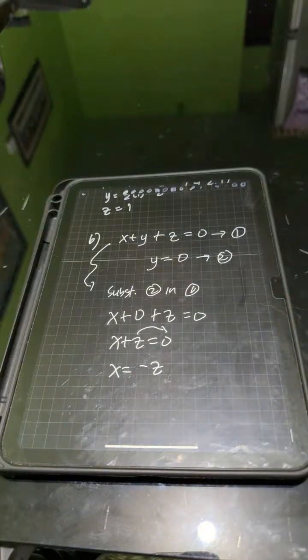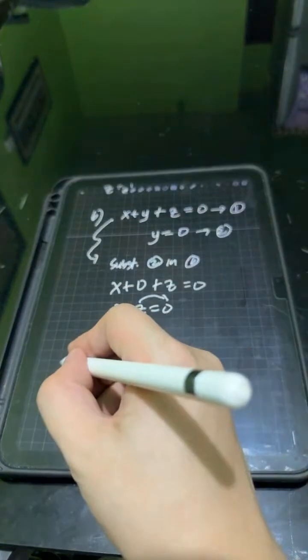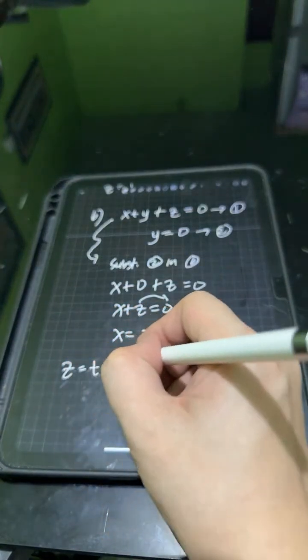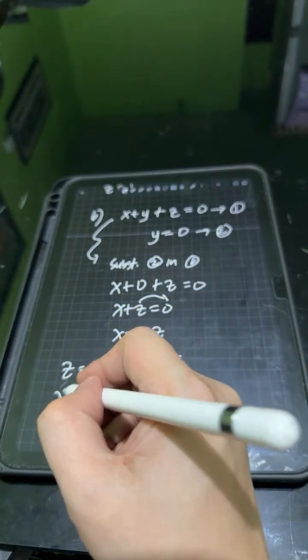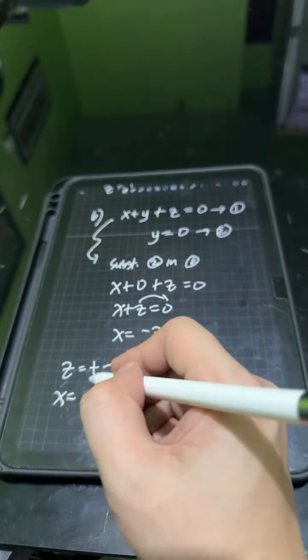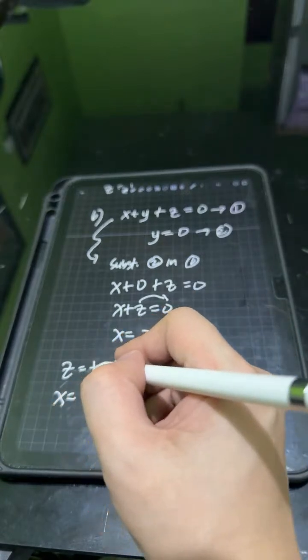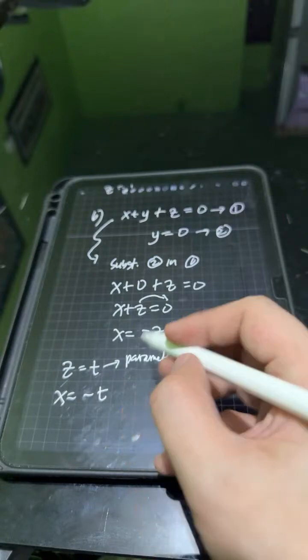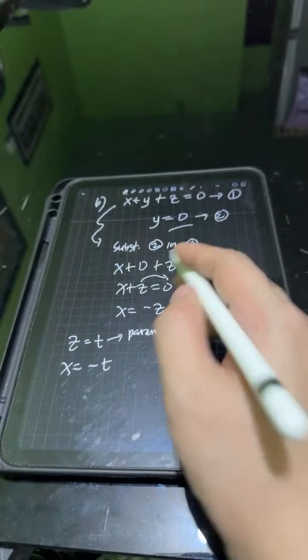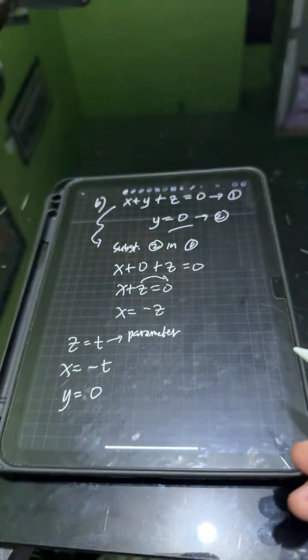If we set z equal to t, which is the parameter again, therefore x can be equal to negative of z, but z is already equal to t. So x is equal to negative t. And y is fixed always at 0.